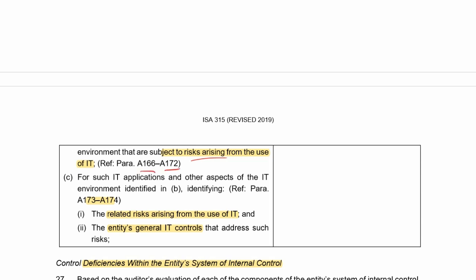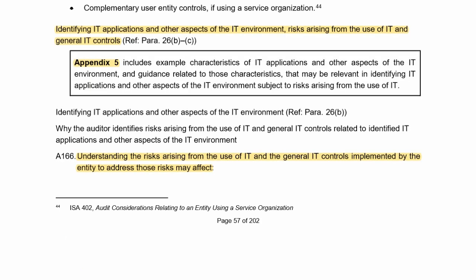Further, it says, for such IT applications, we need to identify the risks arising from the use of IT and the general IT controls. So we're going to go to A166. And again, you've got a heading, identifying IT applications because of an IT environment and the risks from using IT and general IT controls.